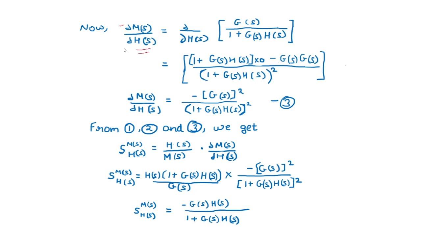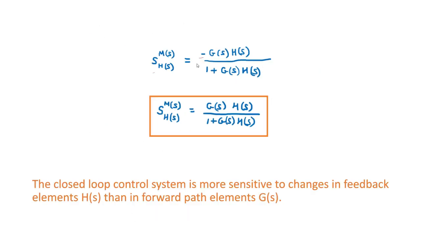Since it is the partial differentiation, here we will consider GS as constant, only HS will be variable. So here we get this as a partial differentiation, and now we will put all the things together in this formula and we get this. Since sensitivity is a mod value, we can ignore this negative sign. So we can say the sensitivity of closed loop control system with respect to feedback path element is GS into HS upon 1 plus GSHS.